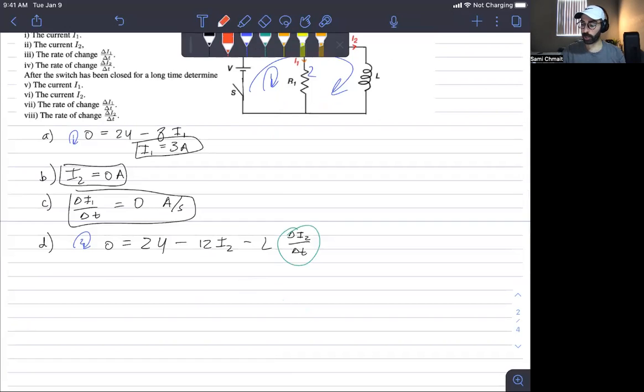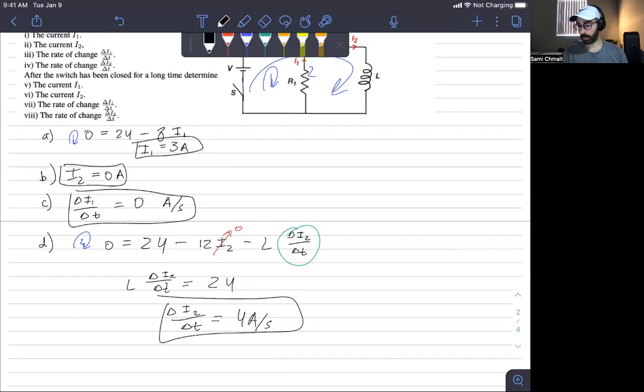We already showed why this is equal to 0. We bring 24 to the other side, make it positive, so L delta I2 over delta t equals 24. Divide both sides by L, where L equals 6. Therefore, delta I2 over delta t is equal to 4 amps per second.